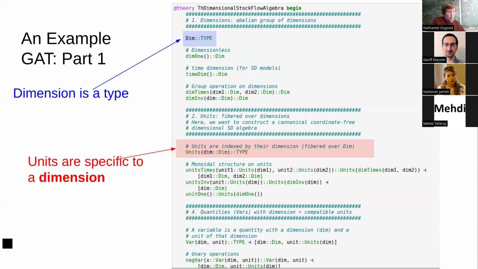So let's say a day is a unit of dimension time, and we do units inv, we'll get back a unit of dimension 1/time, per unit time.